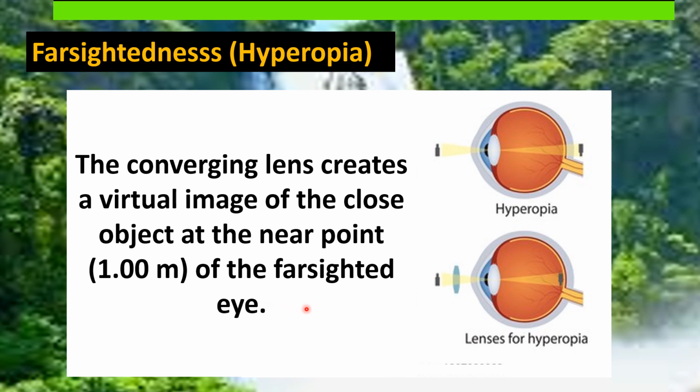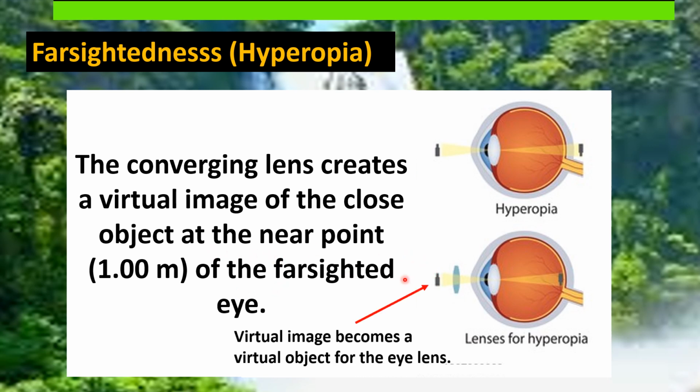So when the rays from the virtual object, the virtual image formed by the correcting lens, becomes the virtual object of the eye lens.